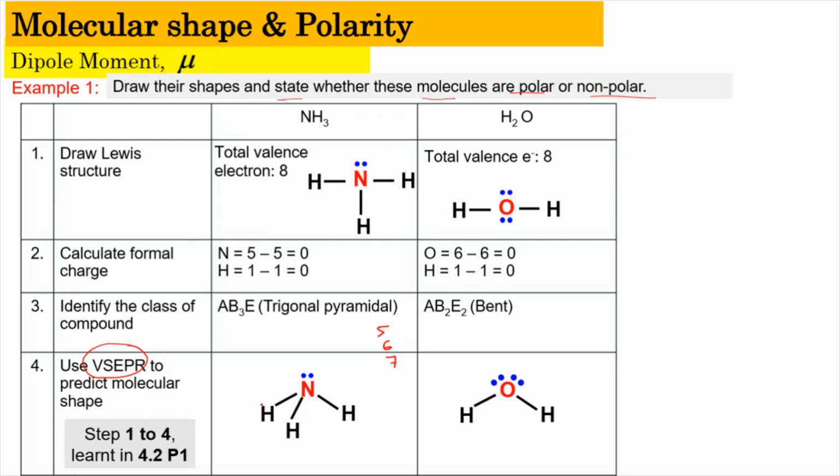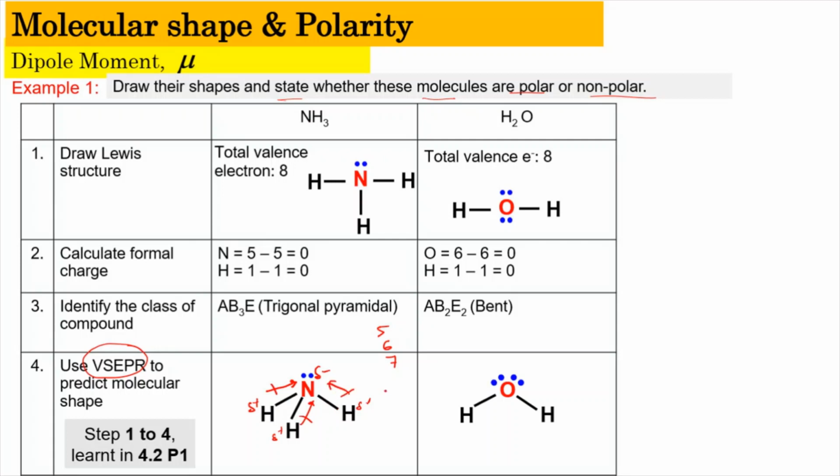So nitrogen and hydrogen. You know that nitrogen is more electronegative, and the hydrogen here is more electropositive. As a result, there is a bond dipole towards nitrogen.